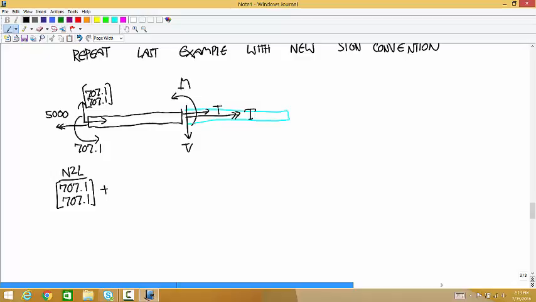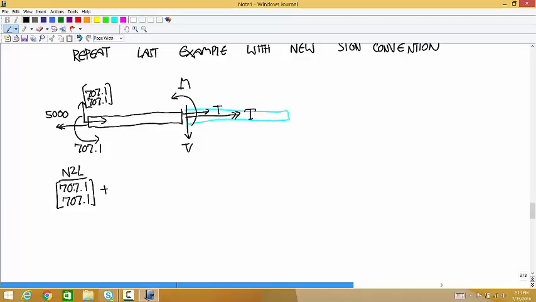Okay? This V, that arrow is in the negative y direction. So a unit vector in the negative y direction is 0, negative 1. Multiply that by the value V, and that says that this vector is represented by 0, negative V. Okay?